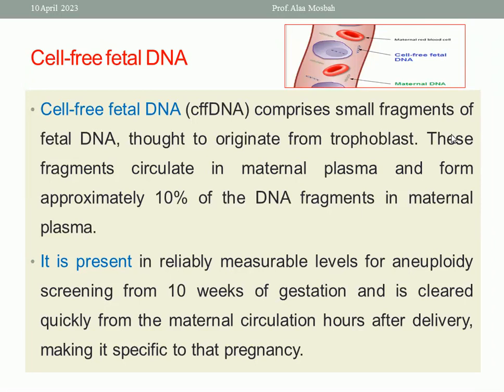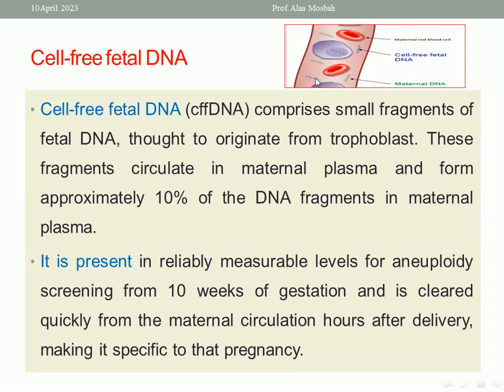So, if I asked you when to start to do cell-free fetal DNA, I should exceed gestational age 10 weeks or more. Okay, 10 weeks or more. And this cell-free fetal DNA remains in the circulation of the mother till delivery. So you can say it is specific to that pregnancy. So you can detect this DNA inside the maternal circulation from 10 weeks up to delivery.